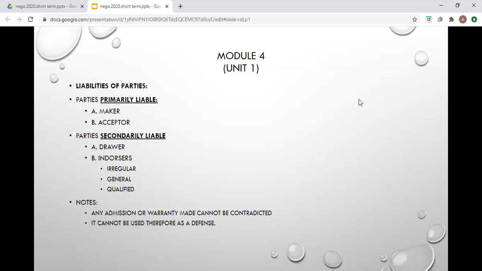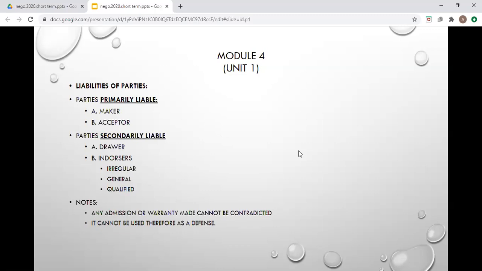But if you are a person secondarily liable, before the liability will attach, there are things that must first be complied with so that your liability is created. There are two things that must be present so that the liability is created. First, the instrument should have been dishonored, either by non-acceptance or by non-payment.